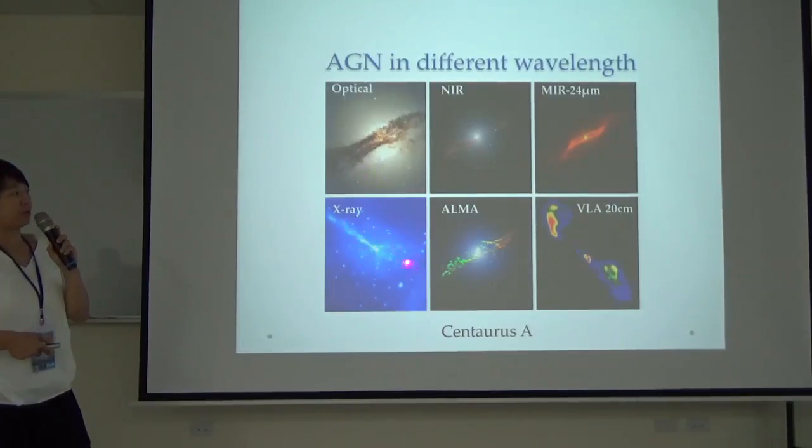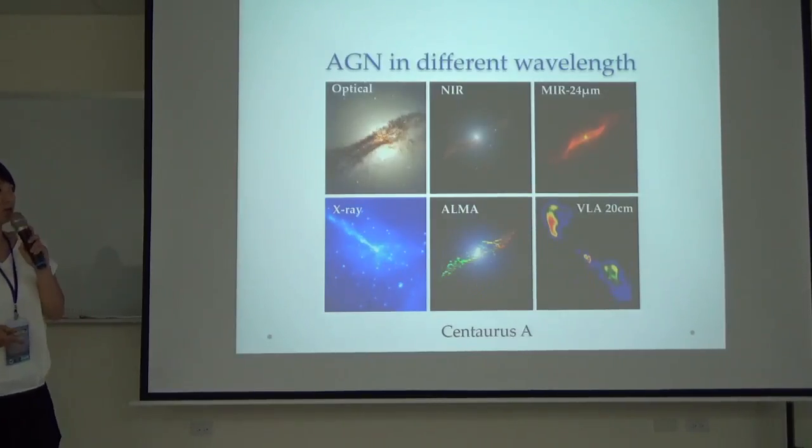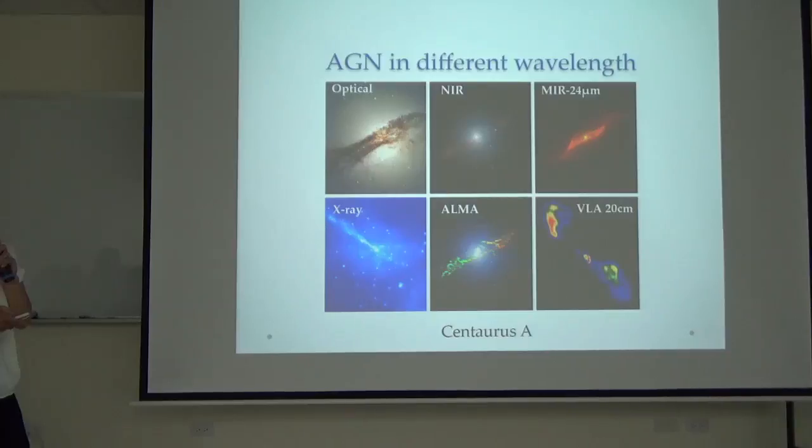You can see the jet very clearly in X-ray and VLA observations. So this also tells us that the near-infrared and mid-infrared observations are very important for this kind of AGN.